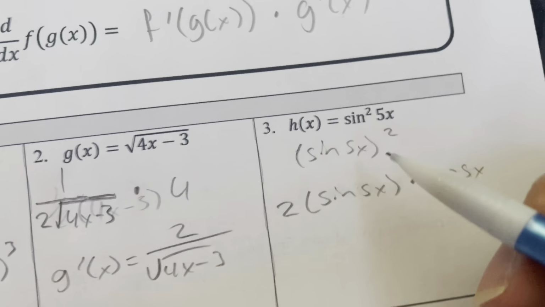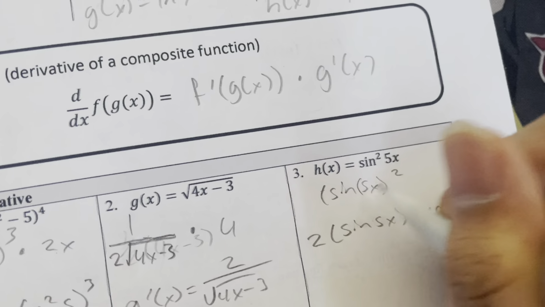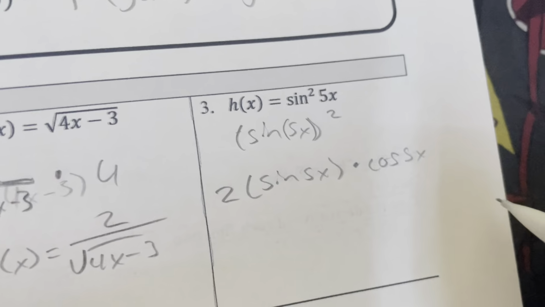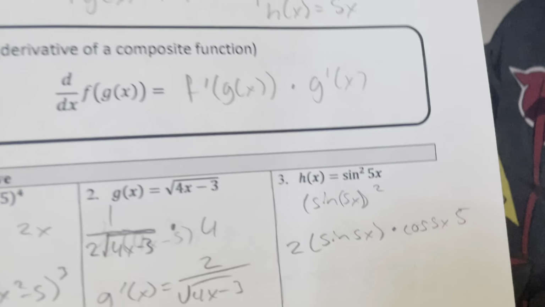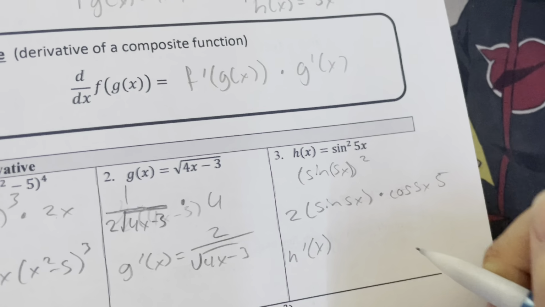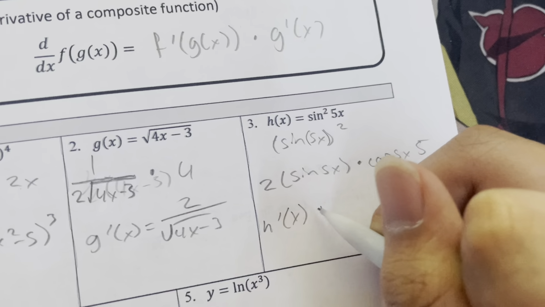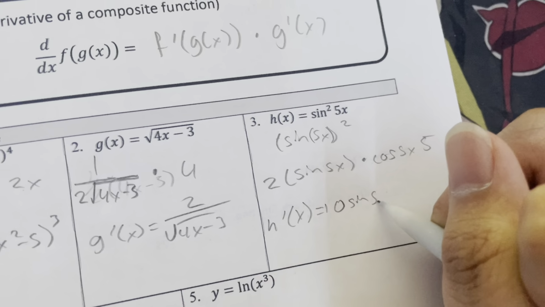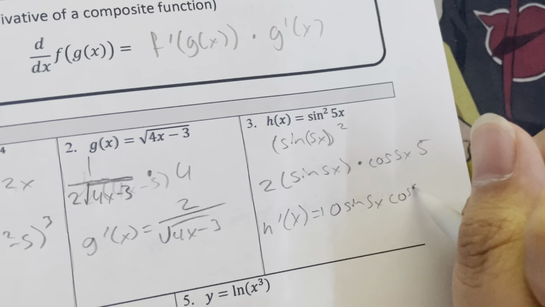And you also want to multiply by the derivative of the 5x, since this is also another function. Multiply by 5. And then h prime of x will end up being 10 sine of 5x multiplied by cosine of 5x.